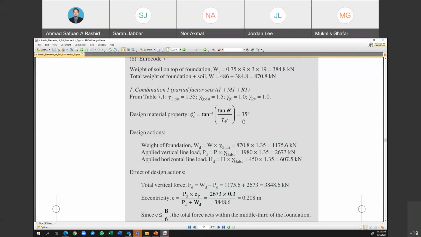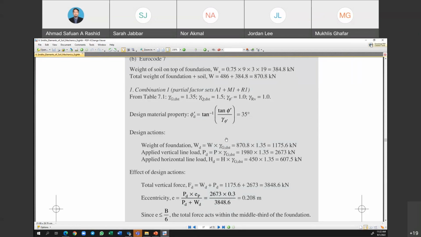But when it comes to combination number 2, the value of gamma phi is not 1, it is 1.25. So there will be a difference when we calculate, using tangent 35 over 1.25, then arctangent again.